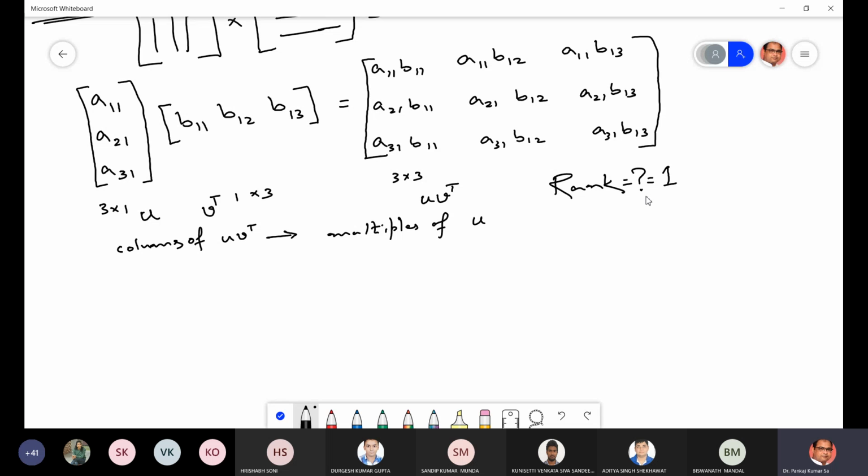As you know, rank is the number of independent columns or independent rows. Here in both cases it is equal to 1. So the same thing I can write here: rows of U V transpose are nothing but multiples of V transpose.